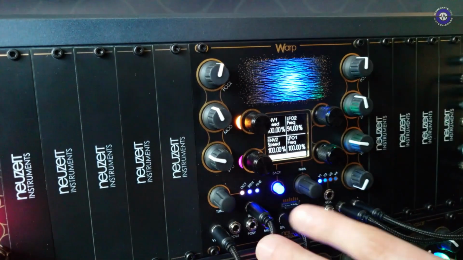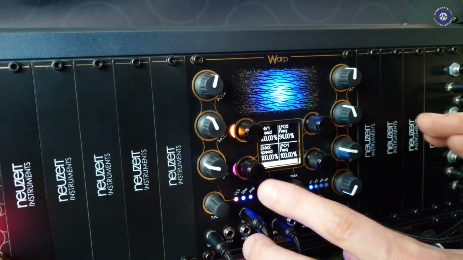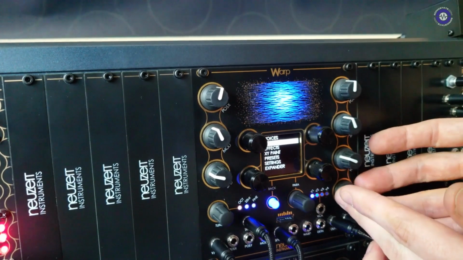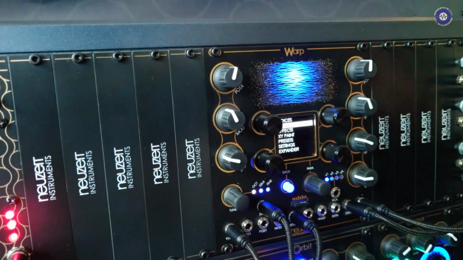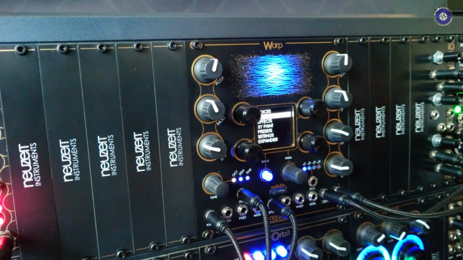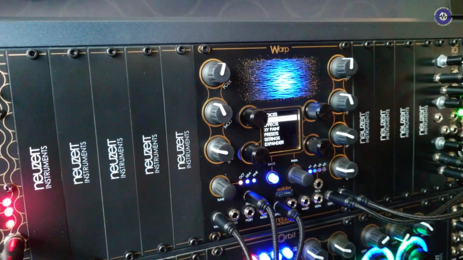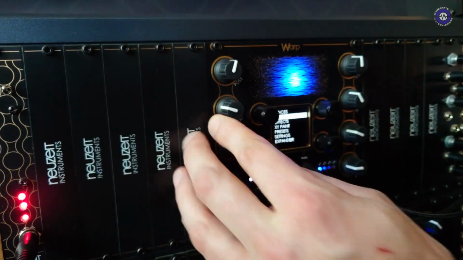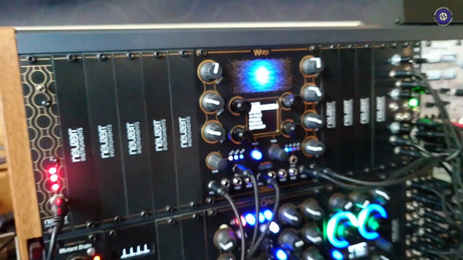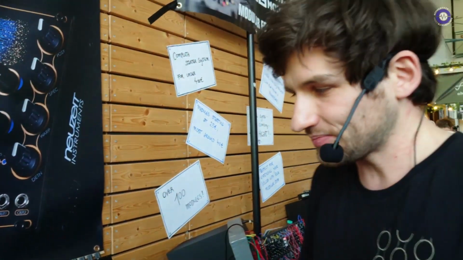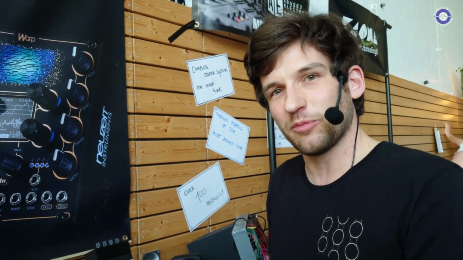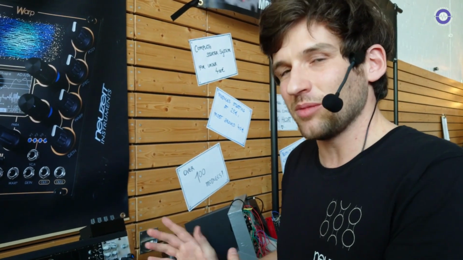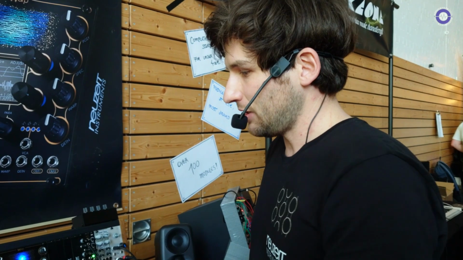So after all this menu diving, I can go outside, and now I have mapped some really expressive knobs and play the module with the big knobs here and forget about all the menu, as I can recall and save presets. My attempt is to cover both worlds and to make a module that is as well used for going really detailed into sound design, but also being capable of a performative module, so that you can take this on stage and know pretty much what each thing is doing.